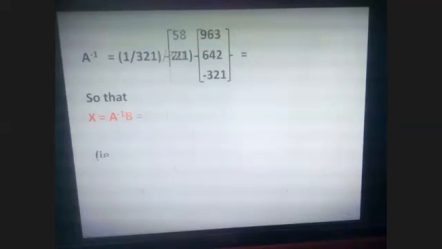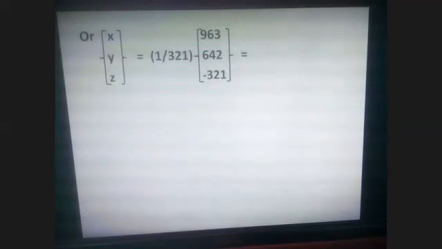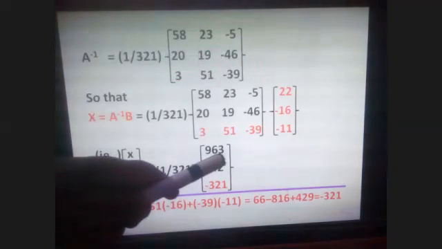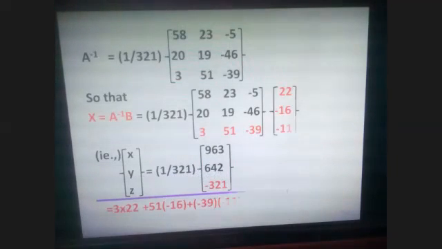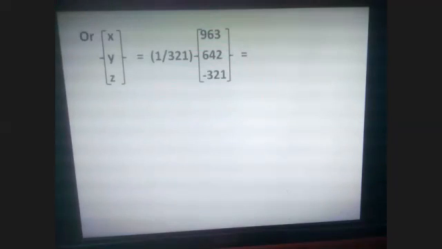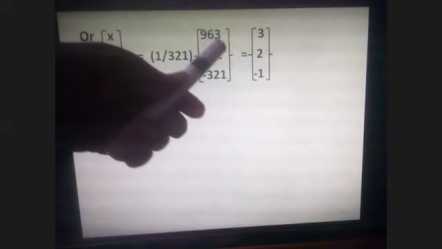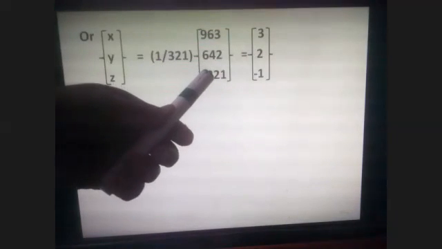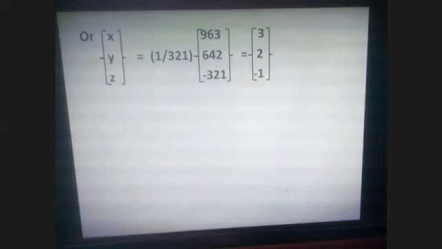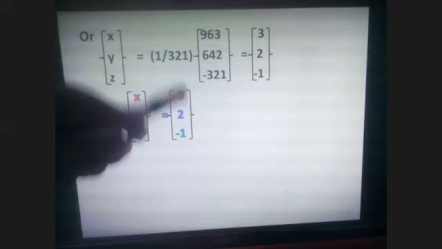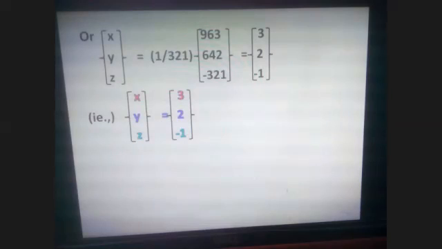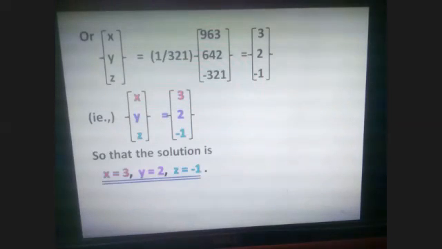XYZ will be 1 by 321 into 963, 642, minus 321. Calculation very simple, which is nothing but 963 by 321, 642 by 321, and minus 321 by 321. That is XYZ equal to 3, 2, minus 1, which gives the value of X equal to 3, Y equal to 2, and Z equal to minus 1.